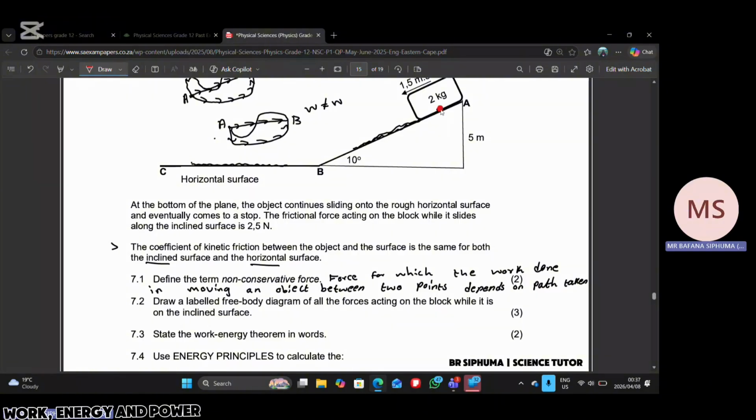Because weight is always going downwards like that. The normal force is perpendicular to the surface. This is a force that acts perpendicular to the surface. Then again, you have friction right there, which is going much more like that.